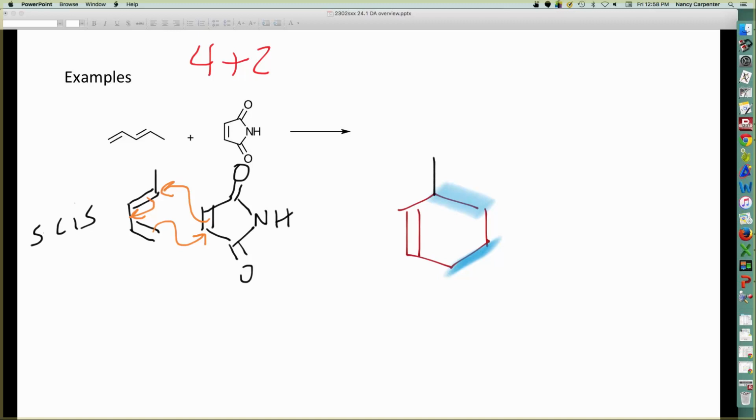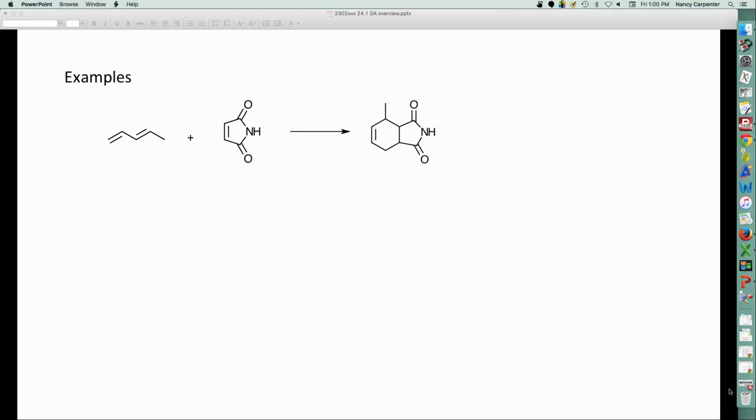There's my methyl group, and here is my product. So start by redrawing your diene, line it up with your dienophile, write your electron movement arrows, write your product. There it is.